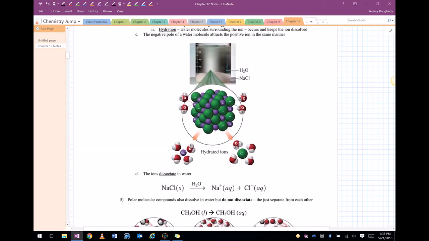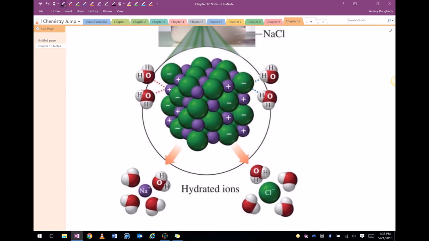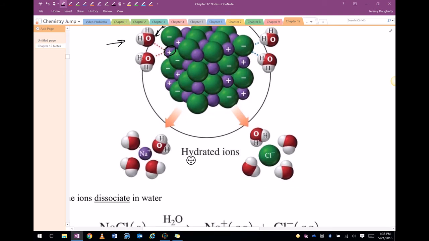Okay, so if we look here, what's happening is that here's a water molecule. There's the negative end of the water molecule, right? The oxygen is the negative end. Well, it's attracting that positive, in this case the sodium ion. So if enough water molecules form enough attractions to that sodium ion, it'll carry it off, which is what's called hydration.